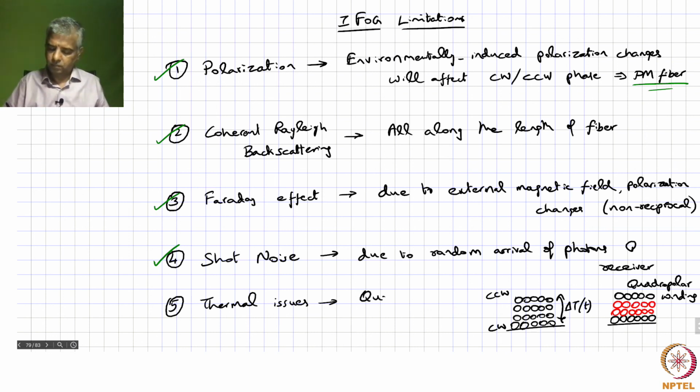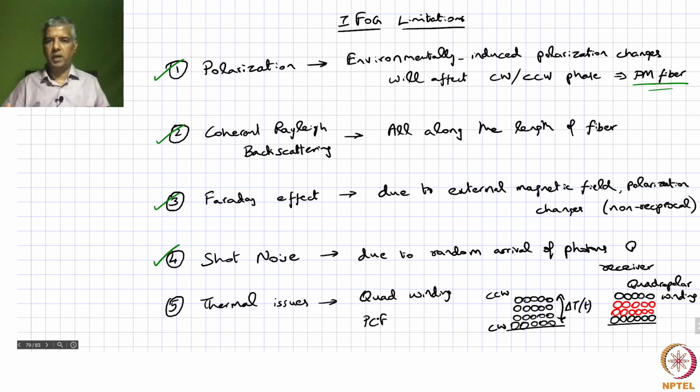So, you take care of thermal issues with quad winding, and recently there have also been reports of using what is called photonic crystal fiber instead of a regular panda fiber or an elliptical core fiber. People have looked at photonic crystal fiber, which has proven to be less thermally sensitive.